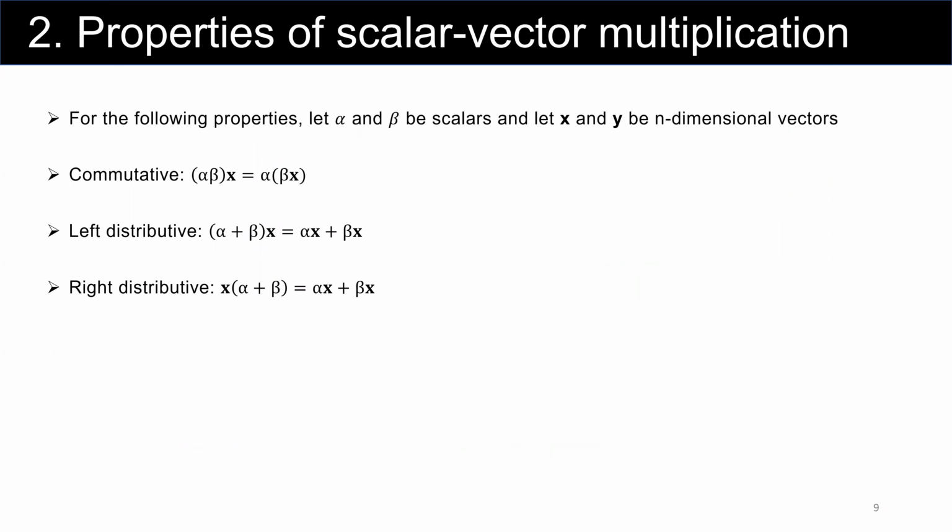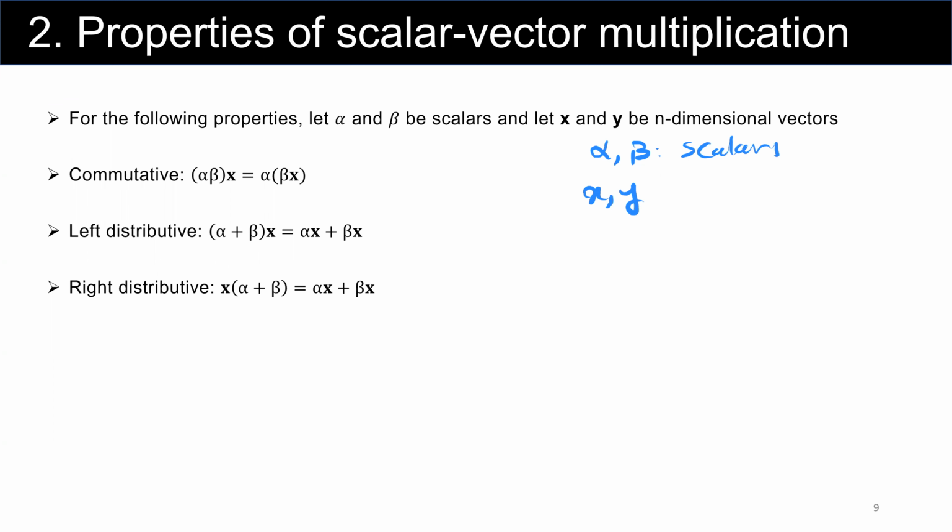So the properties of a scalar vector multiplication. For the following properties, let alpha and beta be scalars and let x and y be n-dimensional vectors. So we have two scalars, alpha and beta are scalars.